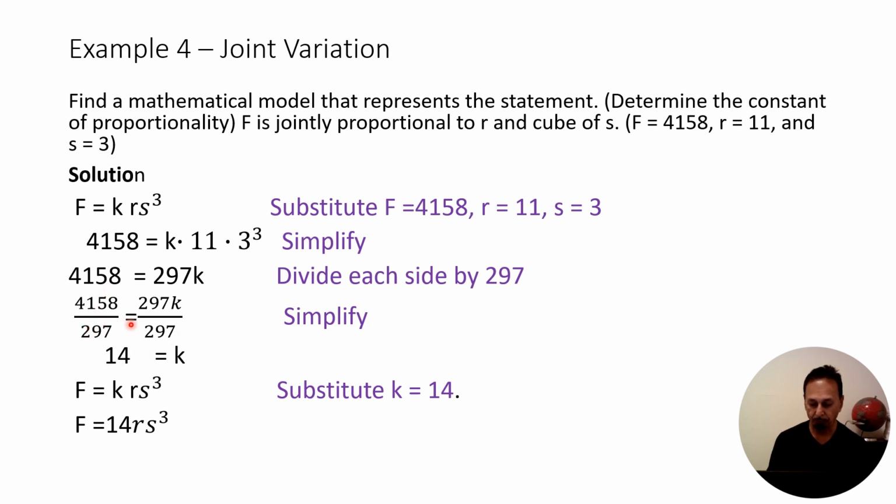So we have 4158 divided by 297, and 297k divided by 297. They cancel out, and if you divide using a calculator, it gives you 14. So k is 14. Now we write the model F equals k times r times s cubed and substitute k equal to 14. So this becomes F equal to 14 times r times s cubed.